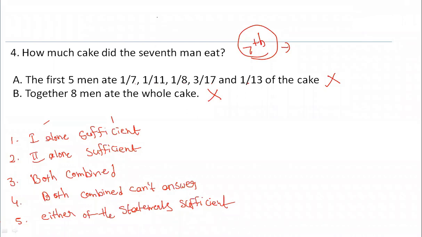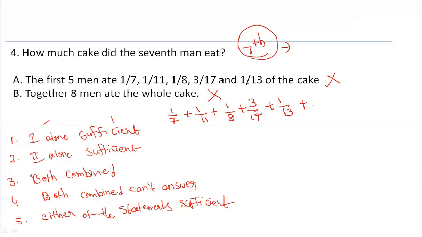Now combine both the statements and try to answer the question. If you combine both the statements, first person ate 1 by 7, second person ate 1 by 11, third person ate 1 by 8, fourth person ate 3 by 17, and fifth person ate 1 by 13. Okay. So these are the parts of cake eaten by the first, second, third, fourth, and fifth person.